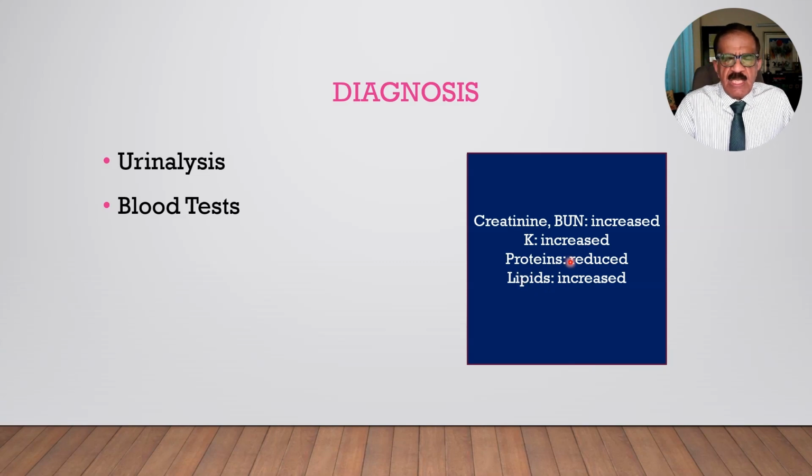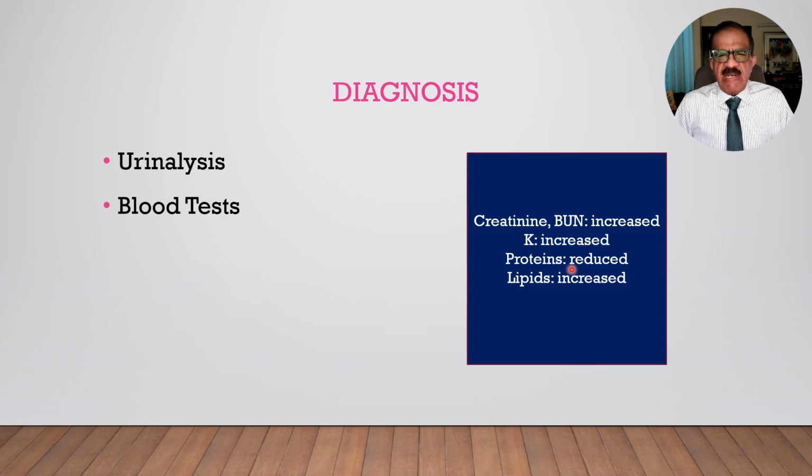Proteins in the blood are reduced, so that could result in nephrotic syndrome. Proteins, especially the albumin, is reduced, because although there is proportionate increased production by the liver, of course that would take some time. So liver may not be able to produce as much protein as kidneys are losing, so there would be hypoproteinemia, particularly hypoalbuminemia.